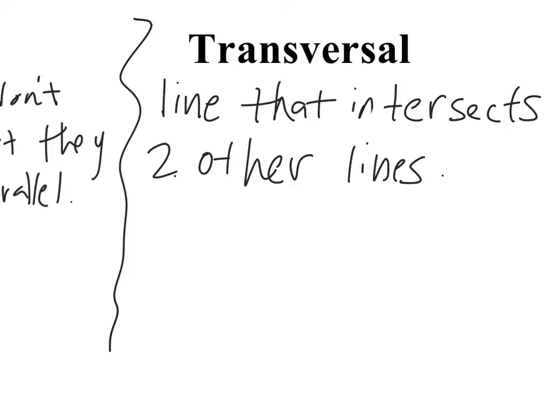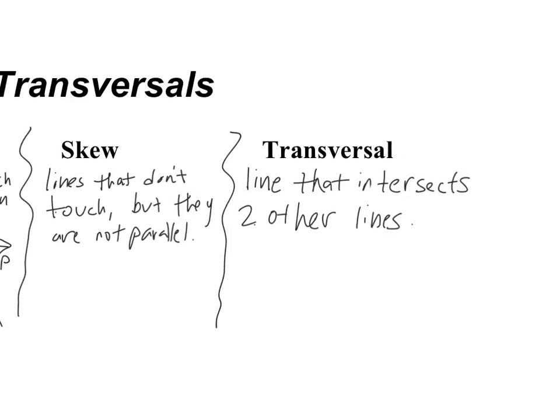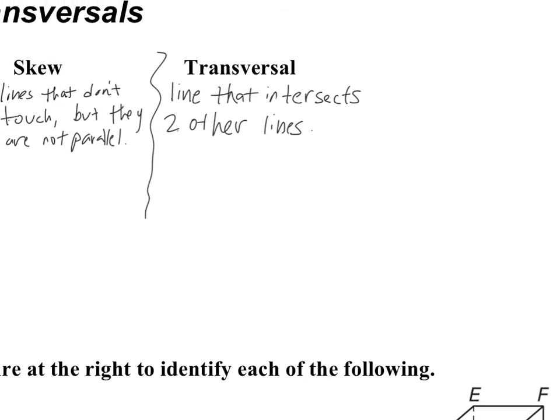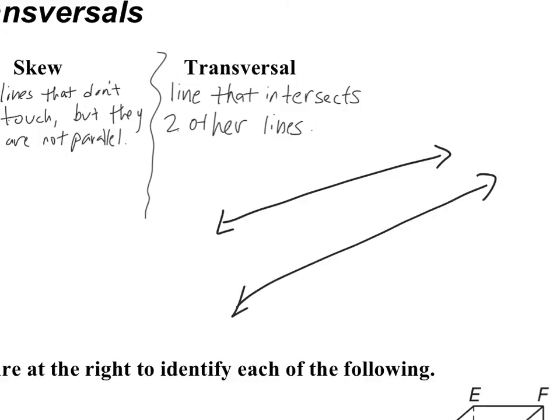Okay, so let me draw a picture for that, and we kind of get some interesting things here. And I'm just going to draw two lines, okay? And then I'm going to draw a transversal, okay?